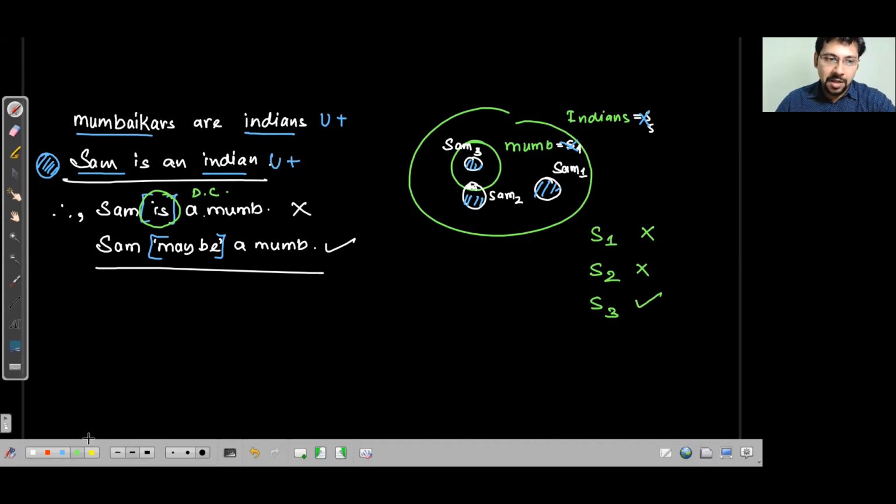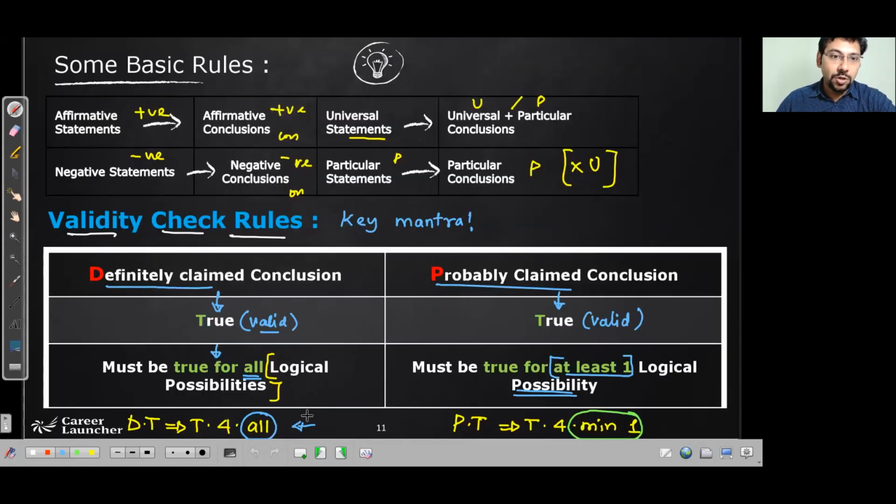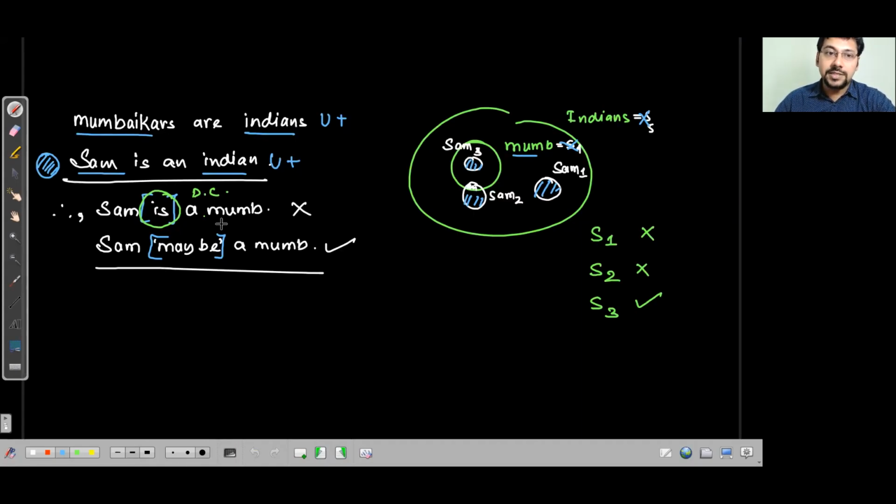Yes, he is. So there is only one possibility where Sam is a Mumbaikar. For all the other possibilities, it's not true. And that's where the key mantra says that if something is true, it must be true for all the logical possibilities. Since Sam being a Mumbaikar is not true for all the logical possibilities, it's definitely a false claim.